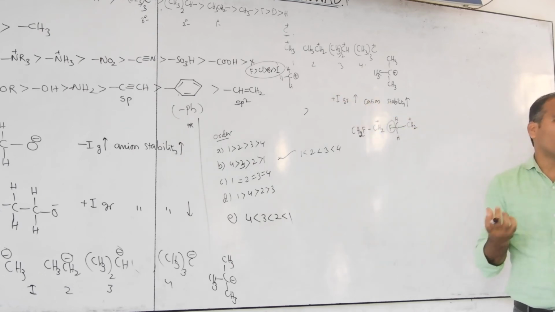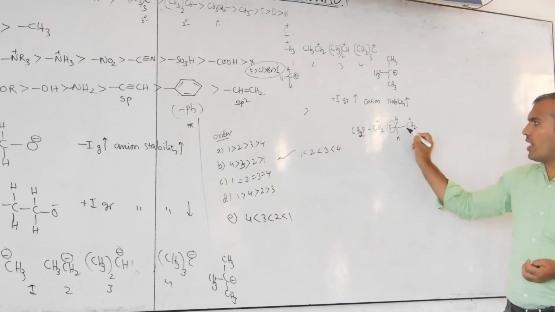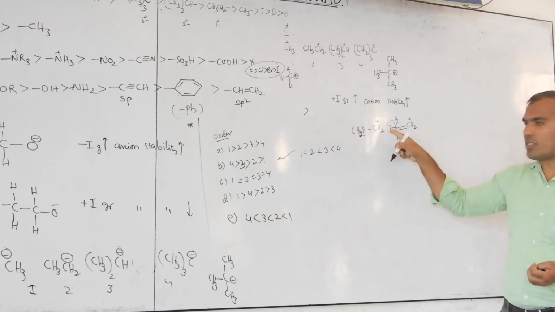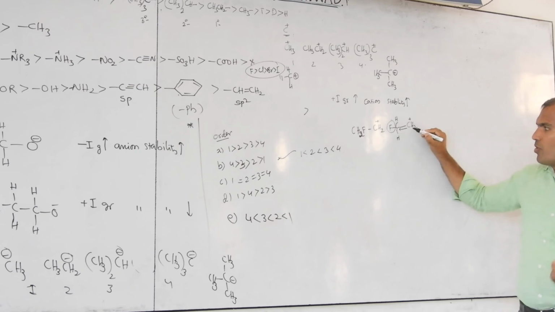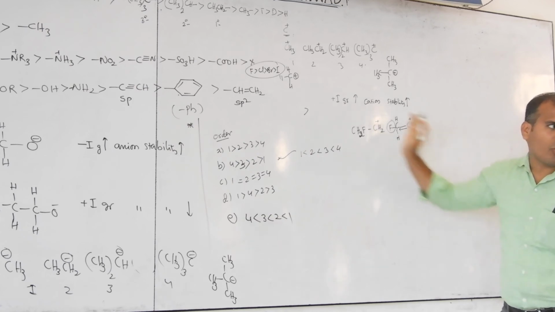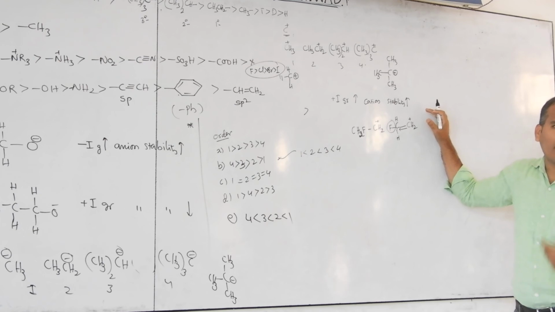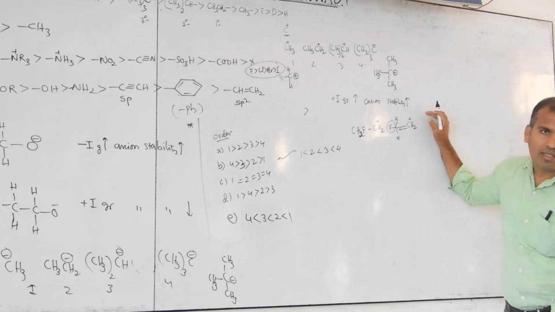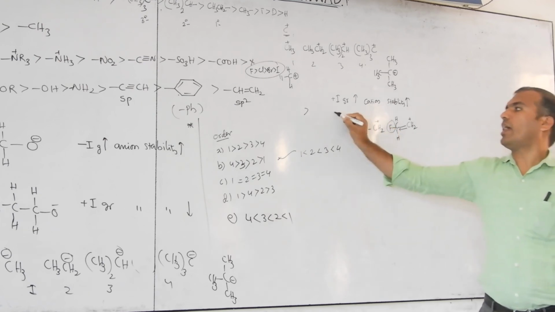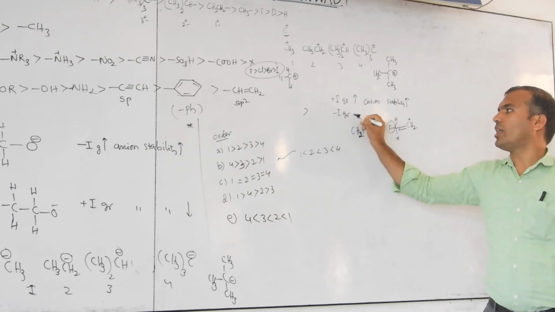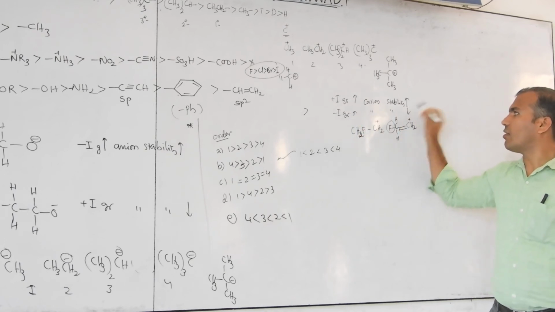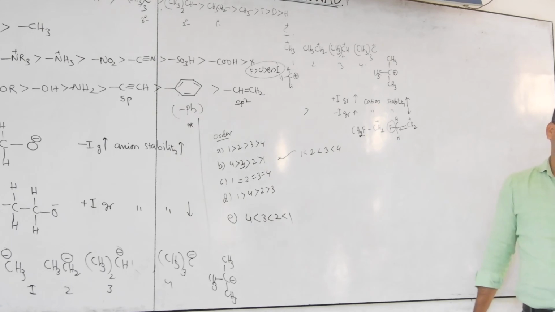Otherwise we know that fluorine is a more electronegative atom, so electrons are withdrawn towards the fluorine. Then does the positive charge magnitude increase or decrease? Positive is already there, and again there is a loss because it is withdrawing. Loss means the positive charge increases. Increase in magnitude of positive charge means stability decreases. Therefore, minus I groups increase, cation stability decreases.